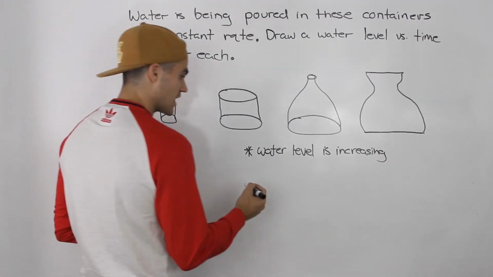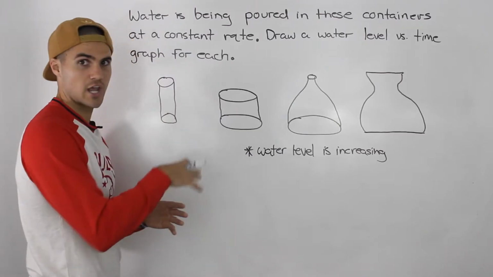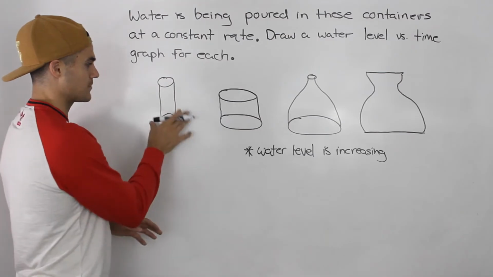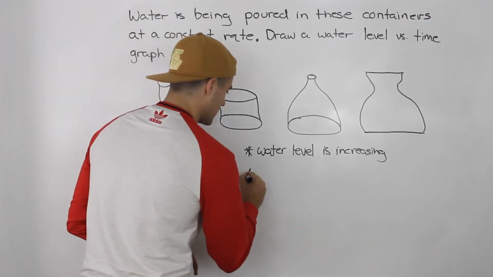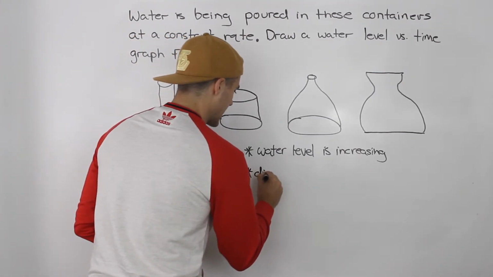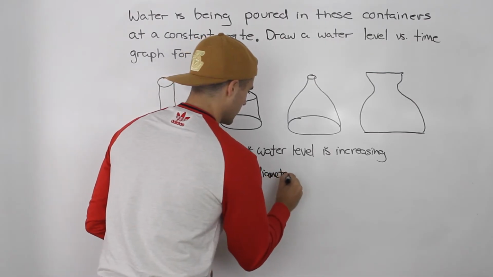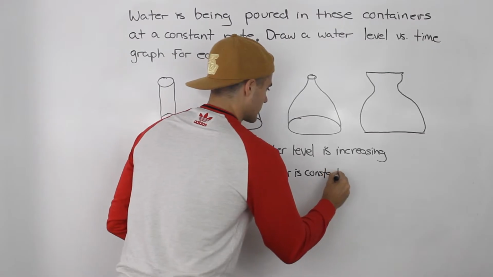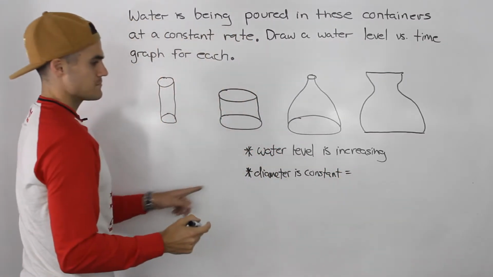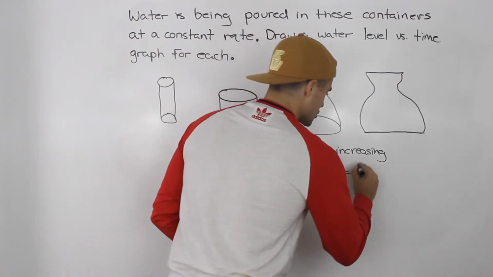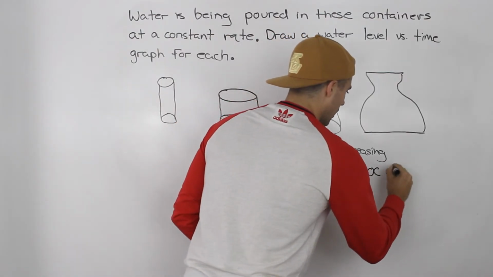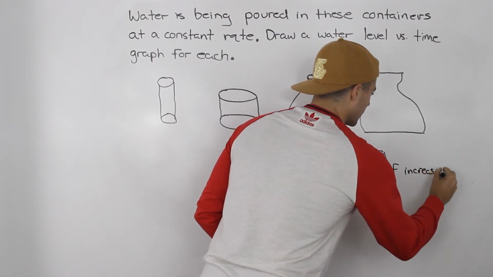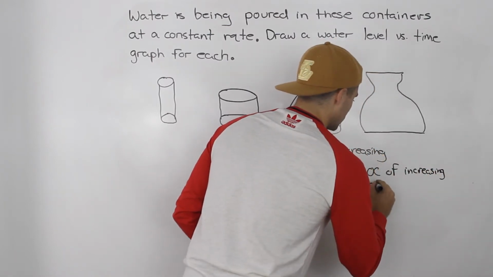However, what's going to change is the rate of change of the water level. And that all depends on the diameter of the container. So if the diameter of a container is constant, that means that the rate of change of increasing water level is constant as well.